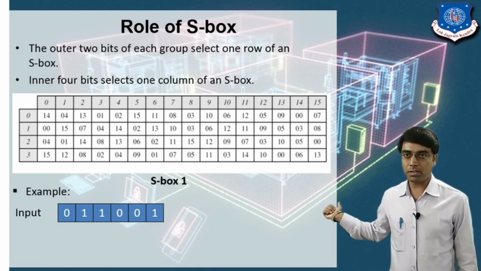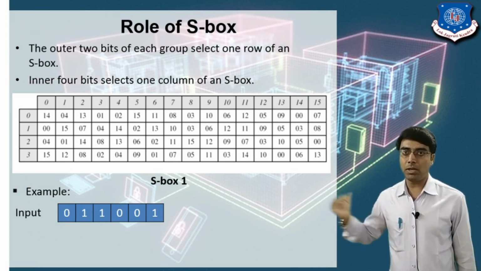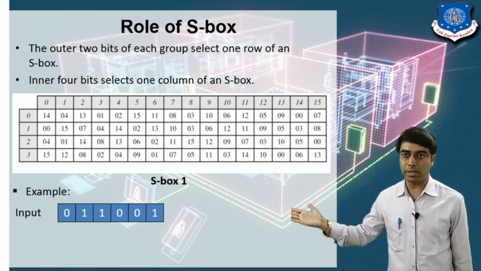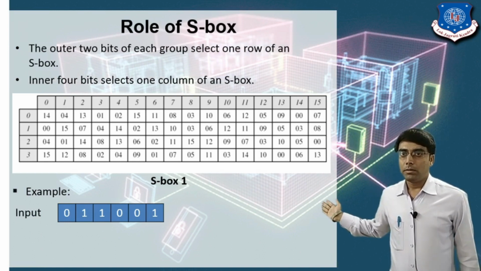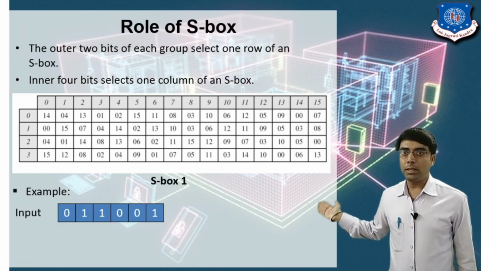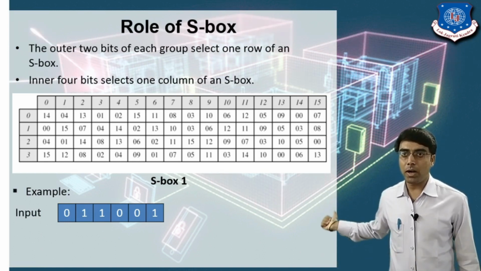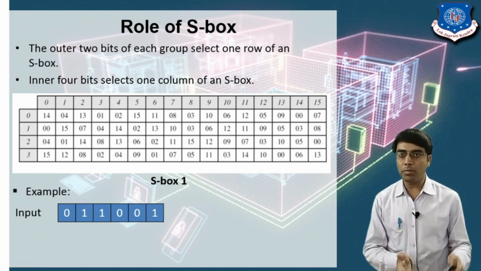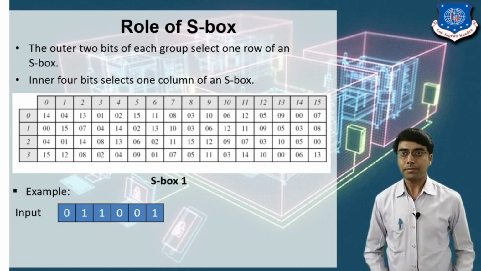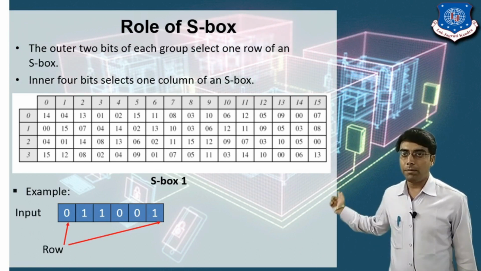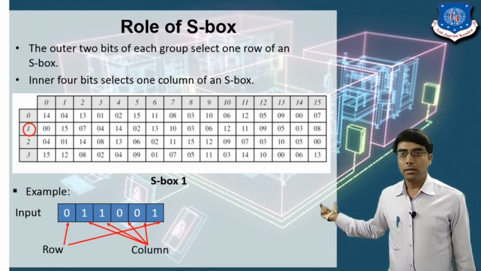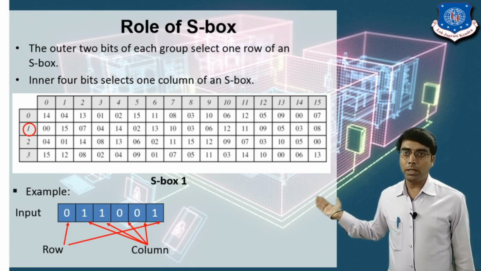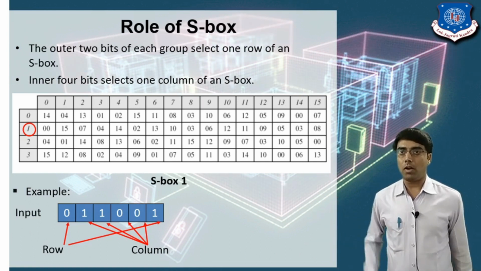The first bit 0 and last bit 1, it means B1 and B6 represent the row. Now B2, B3, B4 and B5, which are 1, 1, 0, 0, represent the column.